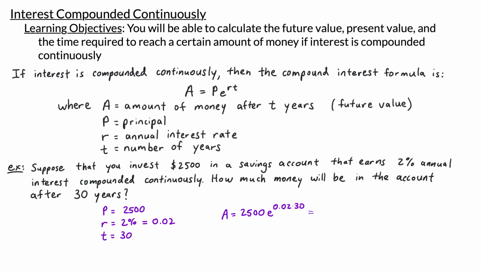Plugging this into our calculators, we end up with $4,555.30 if we round to 2 decimal places. So if we invest $2,500 now into a savings account with a 2% annual interest rate, after 30 years, we'll have around $4,500.